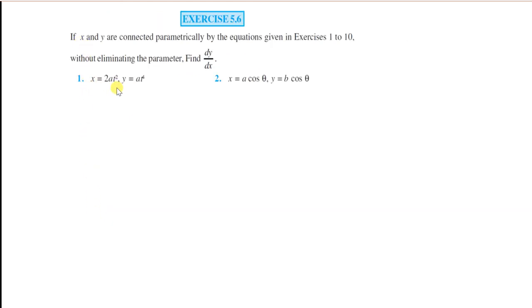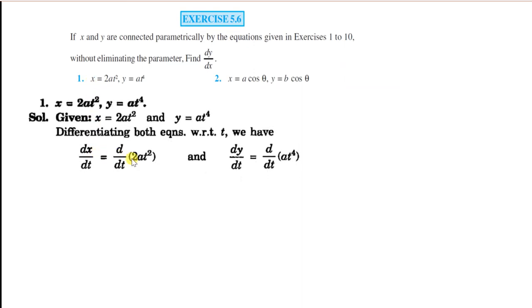This is the first question: x equal to 2at square and y is equal to at to the power 4, and we have to find dy by dx. So we will first differentiate x and y with respect to t. So dx by dt equals the differentiation of 2at square. 2a is constant, and the differentiation of t square with respect to t is 2t.